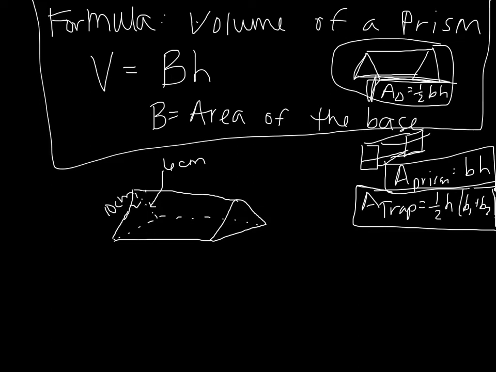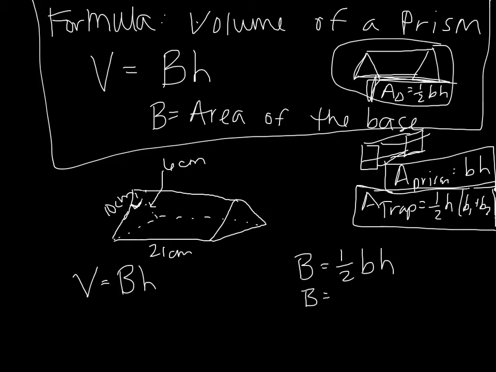Okay, so right here, this is a square, a right angle, and this is 21 centimeters. We know that volume equals area of the base times the height. So let's find what the area of the base equals. It is going to be 1/2 base times height because it is a triangle.